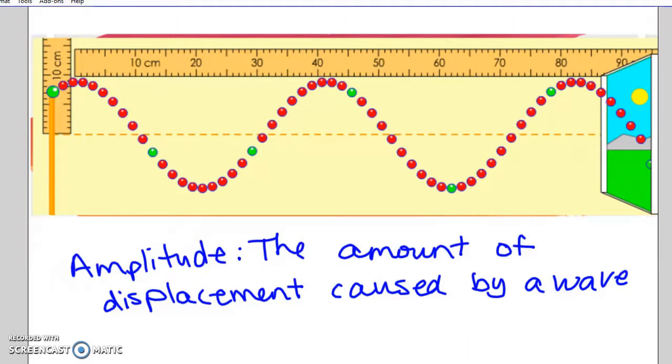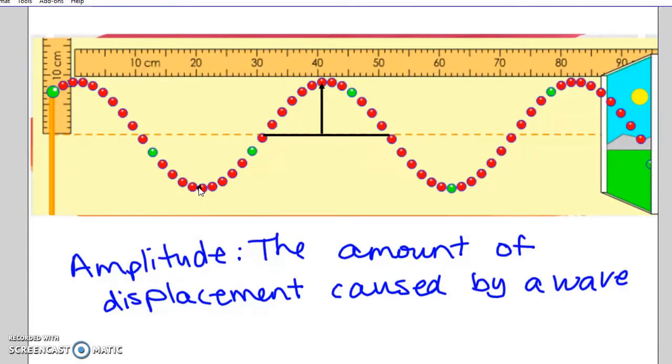So if you were to imagine a lake that's perfectly calm, there's no ripples on it, no wind, it's a really peaceful morning, and that is represented by this dotted line, that nice smooth lake. But then imagine that a fish were to jump out of the water. It would create ripples, and the distance between that flat smooth water and the top is the amplitude.